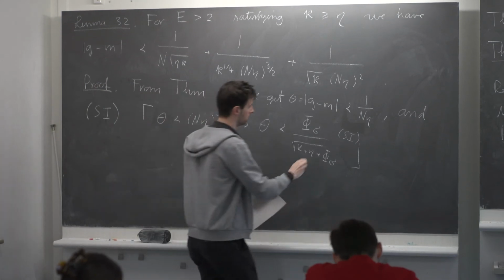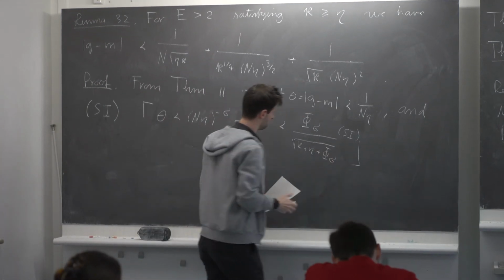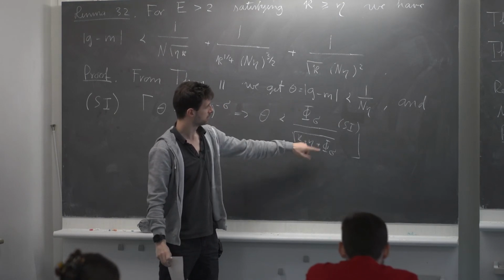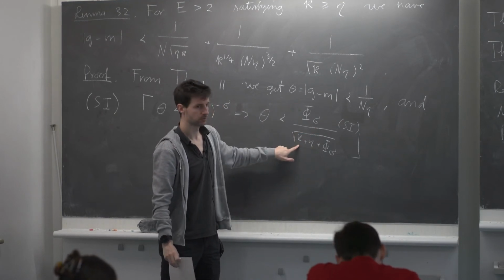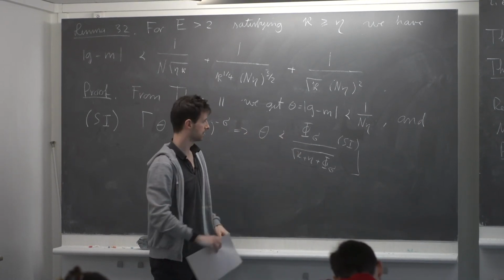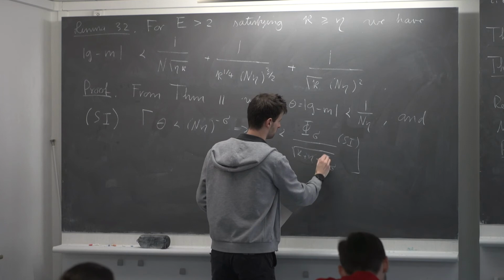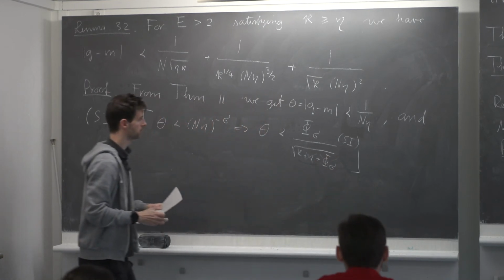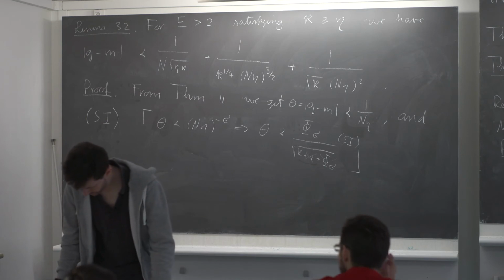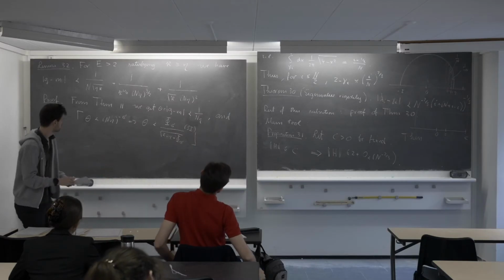Before, I sometimes estimated phi sigma by setting these terms to be 0 and taking the square root of phi sigma. Now I will systematically drop these terms to obtain an upper bound. I will only keep the 1 over square root of kappa.